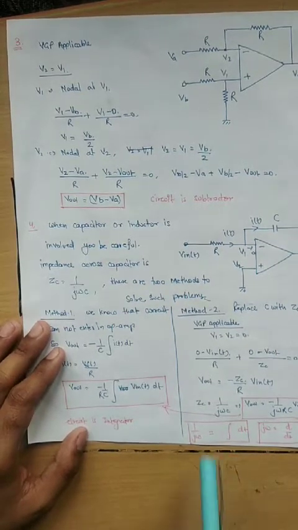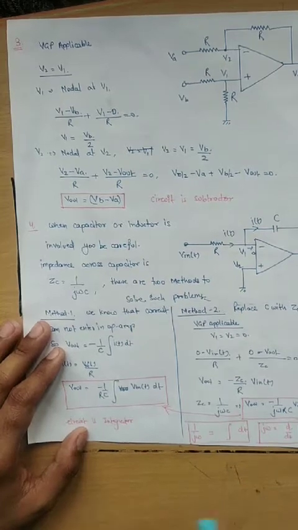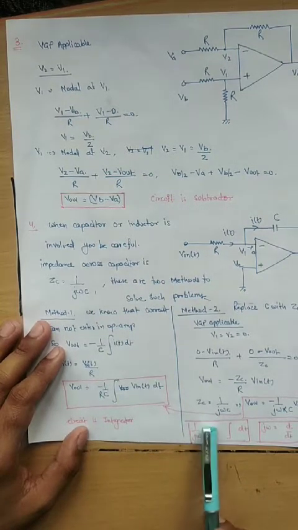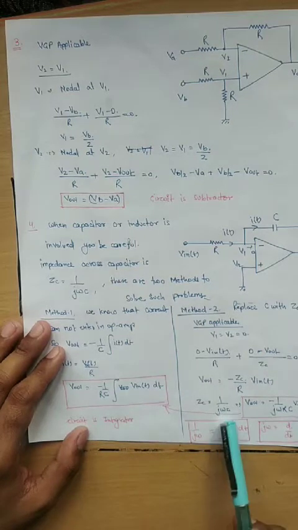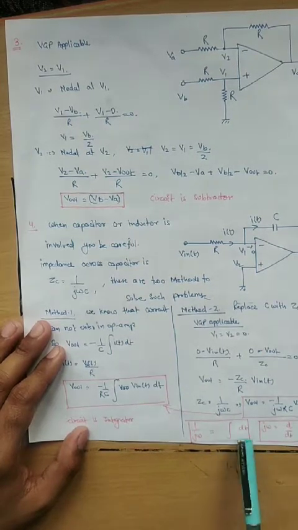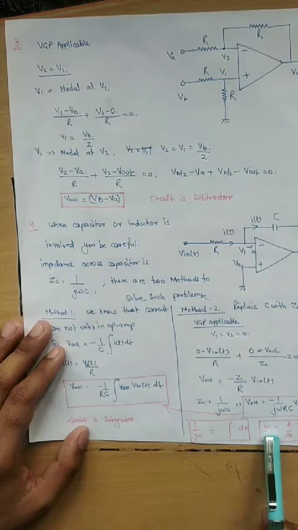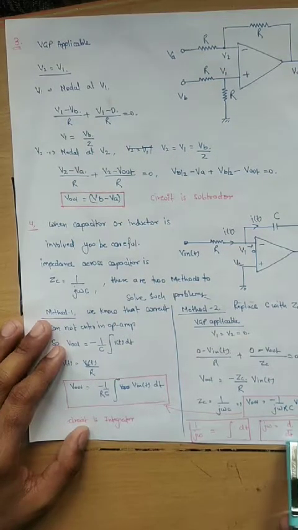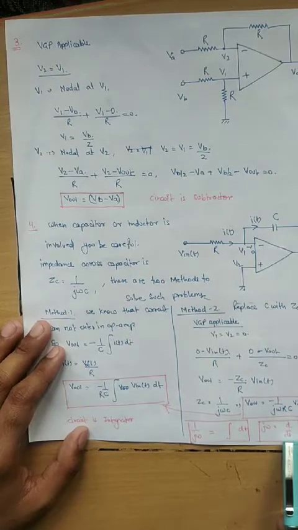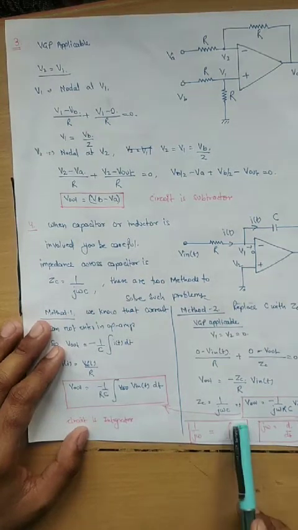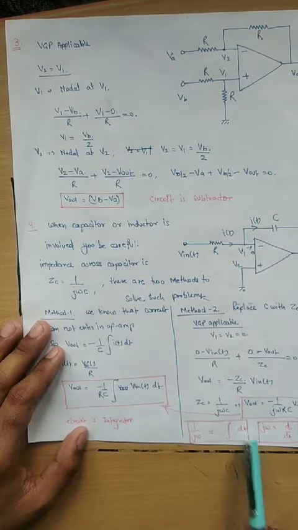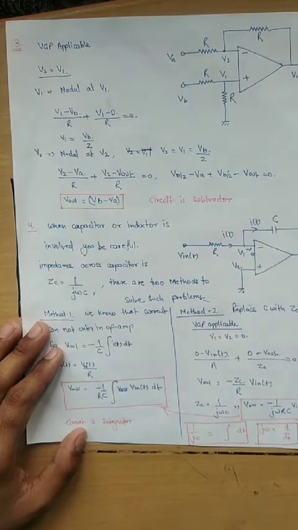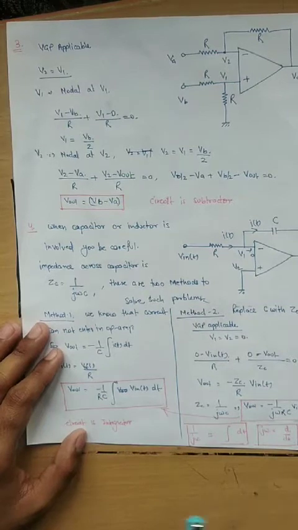We will discuss this in signals and systems, how 1 by j omega in the frequency domain can be replaced by integration in the time domain, and j omega in the numerator can be replaced by differentiation in the time domain. So 1 by j omega is equal to integration, d by dt is j omega. D by dt means differentiation.